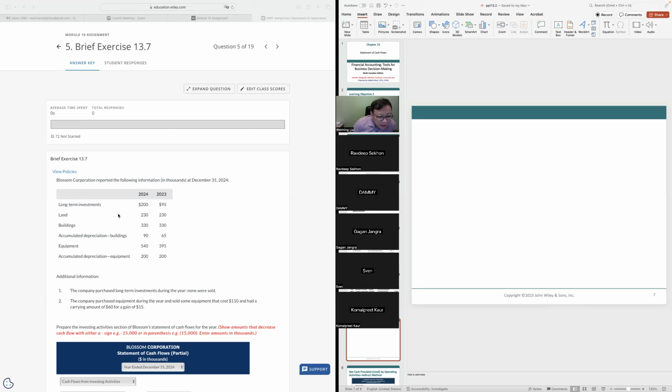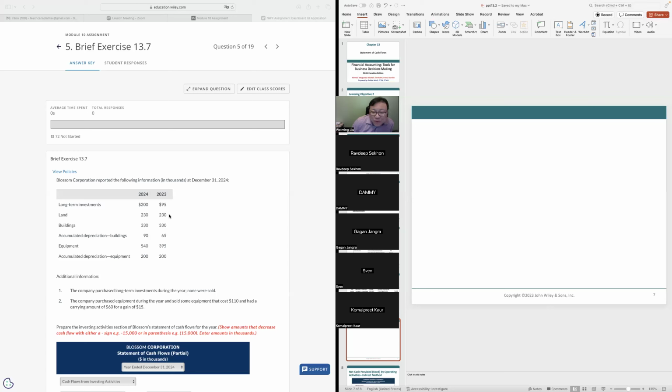Land doesn't change, 230,000. Buildings doesn't change, 330,000. Cumulative depreciation, buildings, 2023, that's 65,000. But because it's a cumulative depreciation, that balance is increasing every year. So at 2024, that's 90,000.